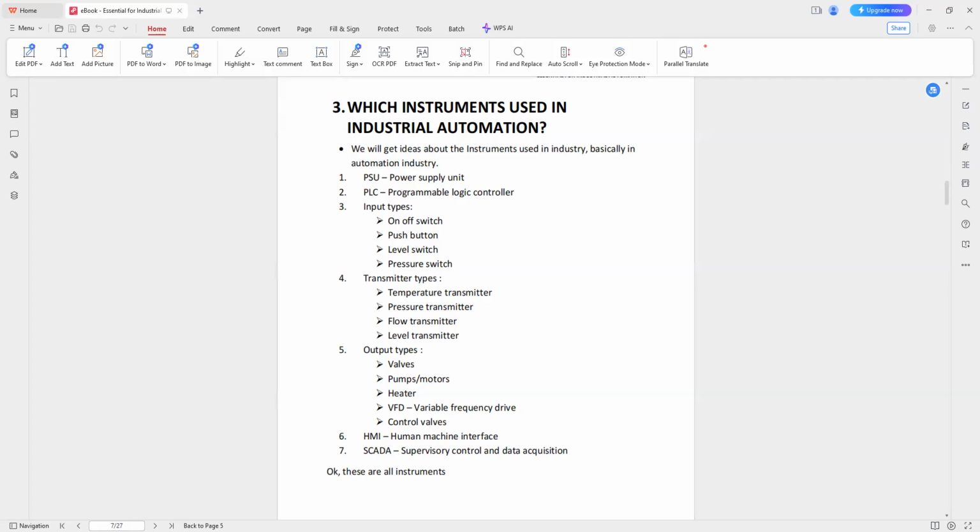Most probably Allen-Bradley they are using, but we can't see inside because they are packed in boxes. And one other thing is the pneumatic system, where all the control is by pneumatics. They flow the air and do the operation with the air.